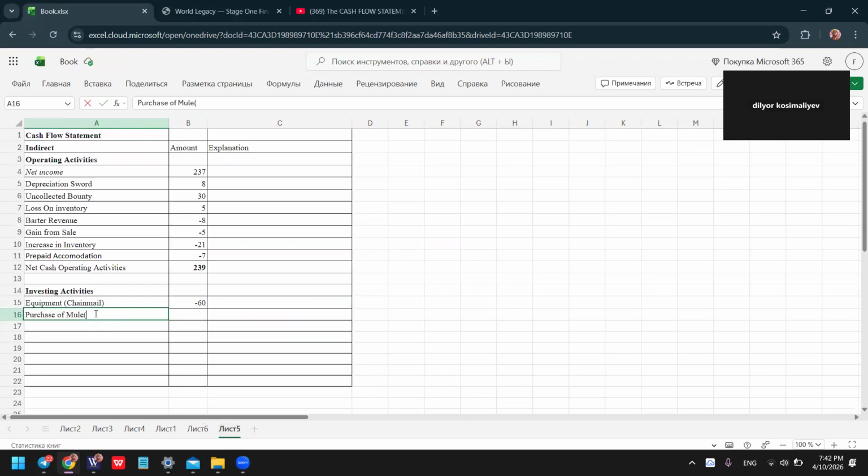So she is purchasing this so that she can use it in the long term. Mule is forage, if I'm not mistaken. Yeah, mule is forage. It's minus 25. So it's also cash outflow because we spent cash to buy this.